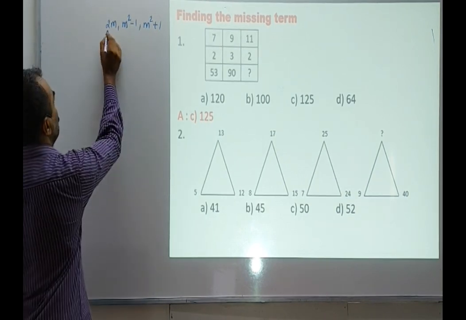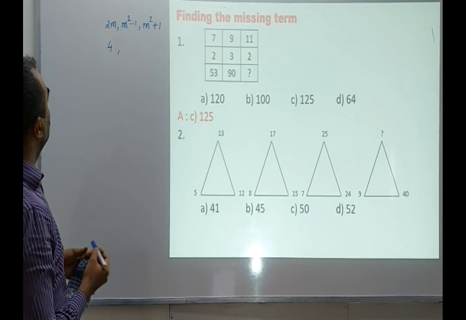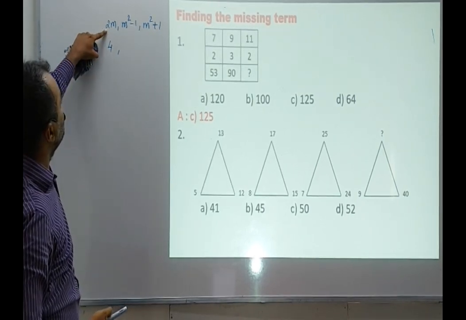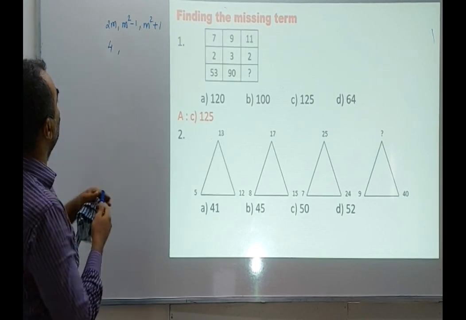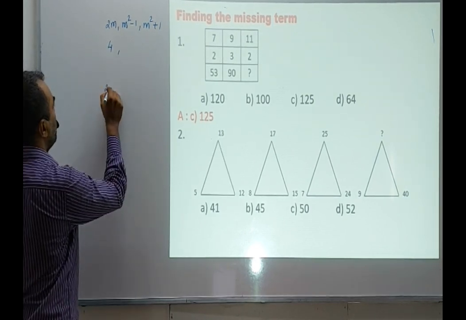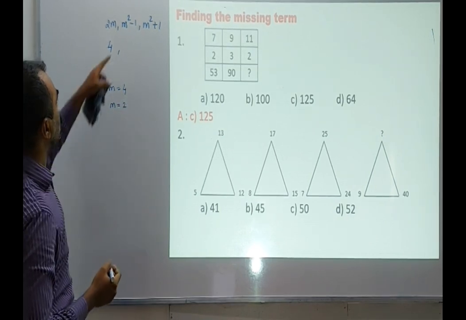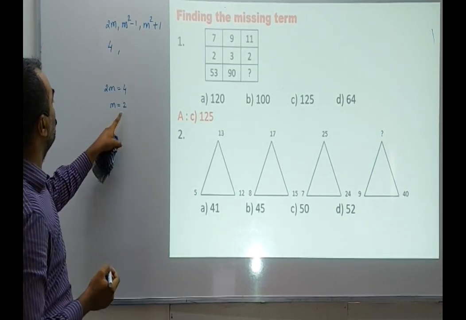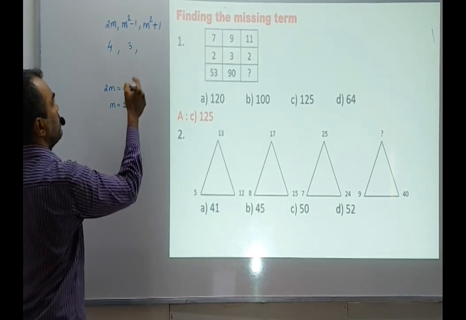Let us say we take 2m as 4. So if 2m is 4, what is m equal to? m is 2, because 2m equals 4. So what is m square minus 1? 2 square is 4. 4 minus 1 is 3.